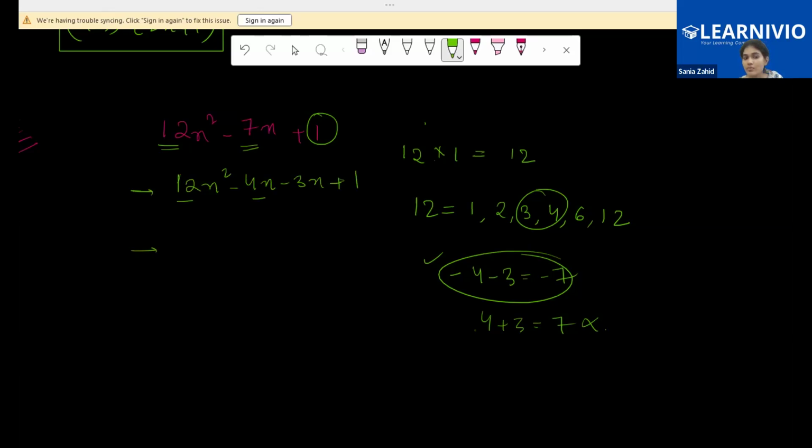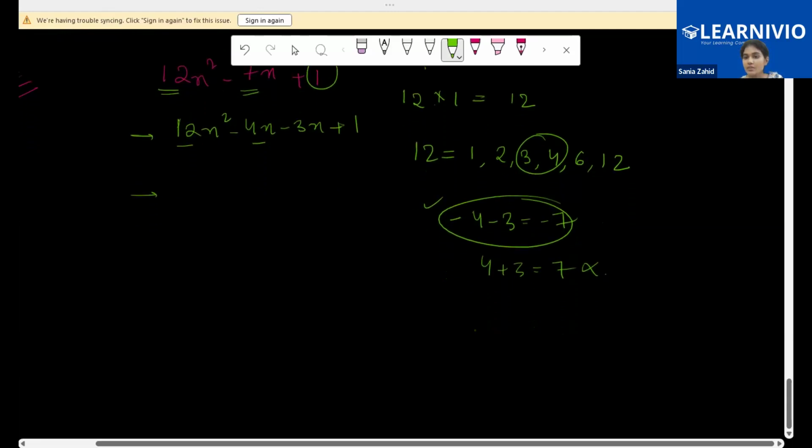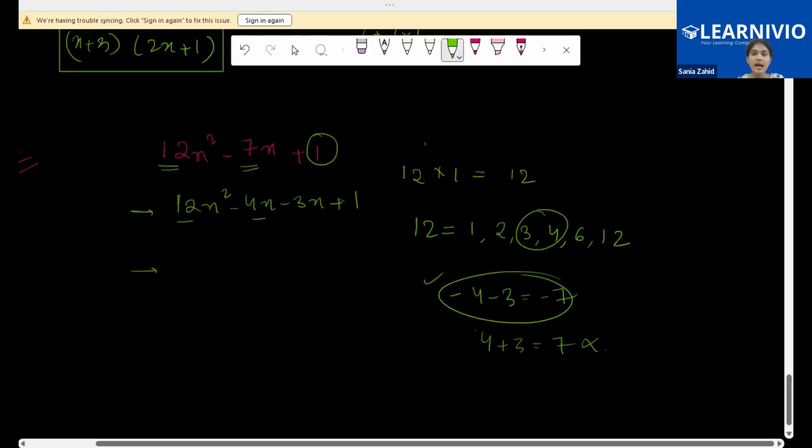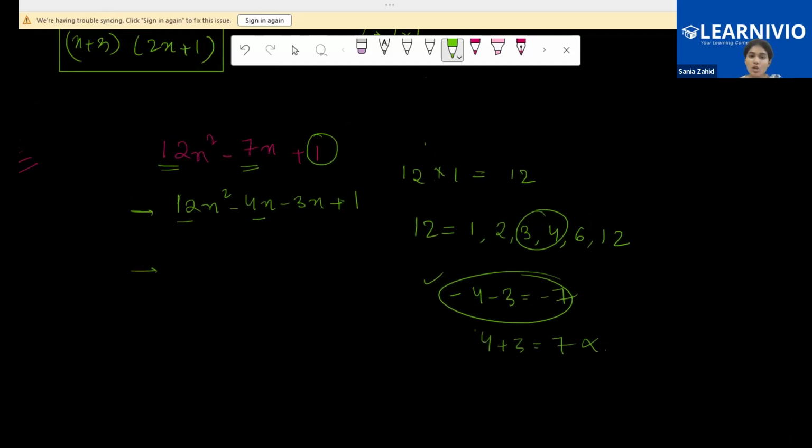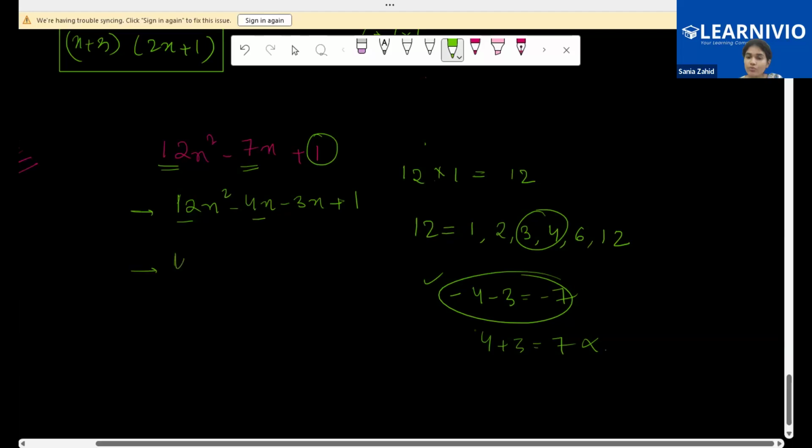What is the HCF of 12 and 4? HCF is the highest common factor. Yeah, 4 only. That means the highest number with which they both are divisible by the same number. So we have 4 is the HCF of 12 and 4. So you write.